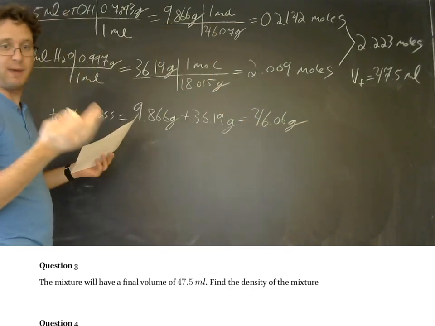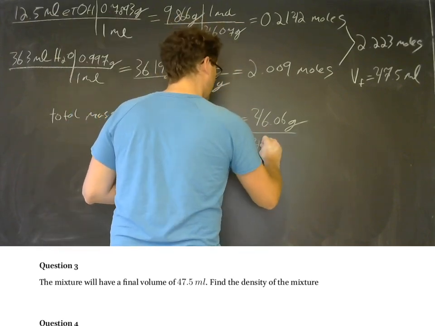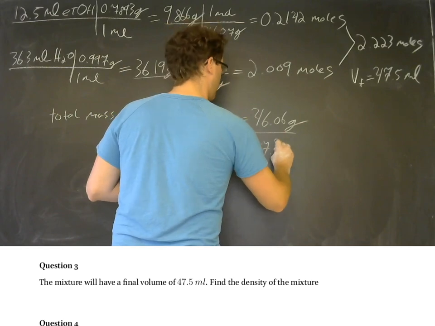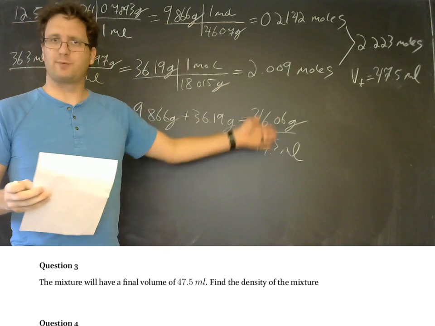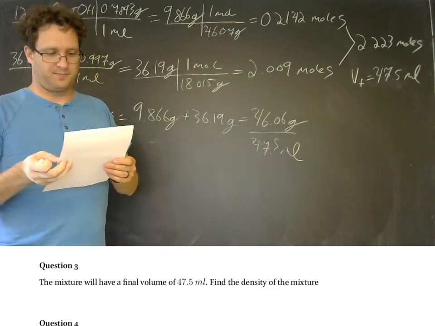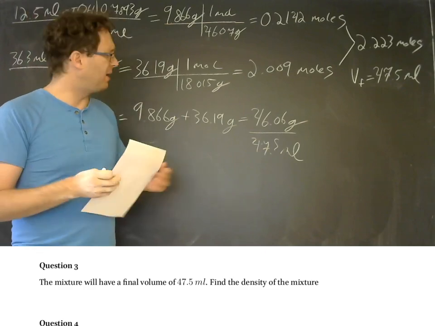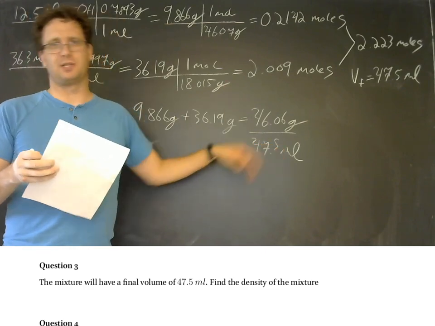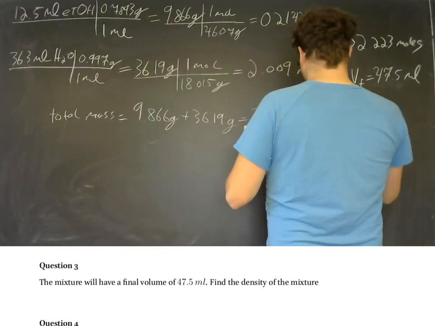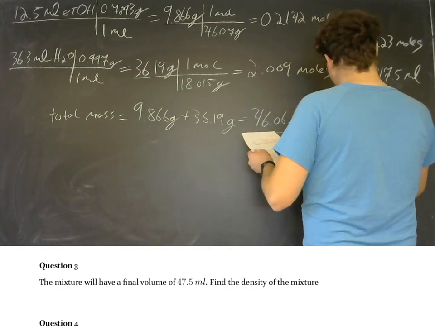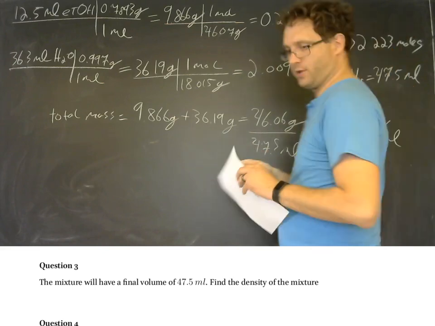Density is just mass over volume, and so we'll divide that by our volume of 47.5 milliliters. We don't need to do any unit conversions. Grams per milliliter is an acceptable unit for density. A milliliter is equal to a cubic centimeter, so it's the same as the grams per cubic centimeter given above. And this is going to be equal to 0.970 grams per milliliter.